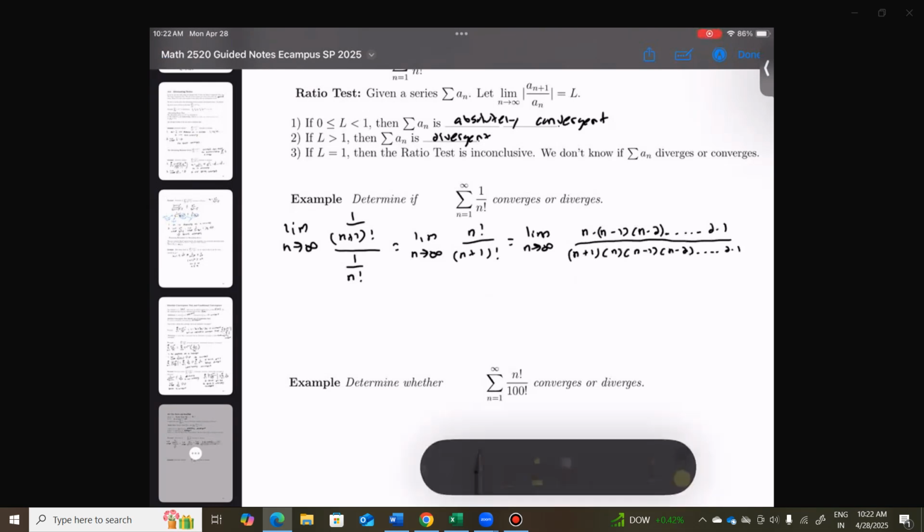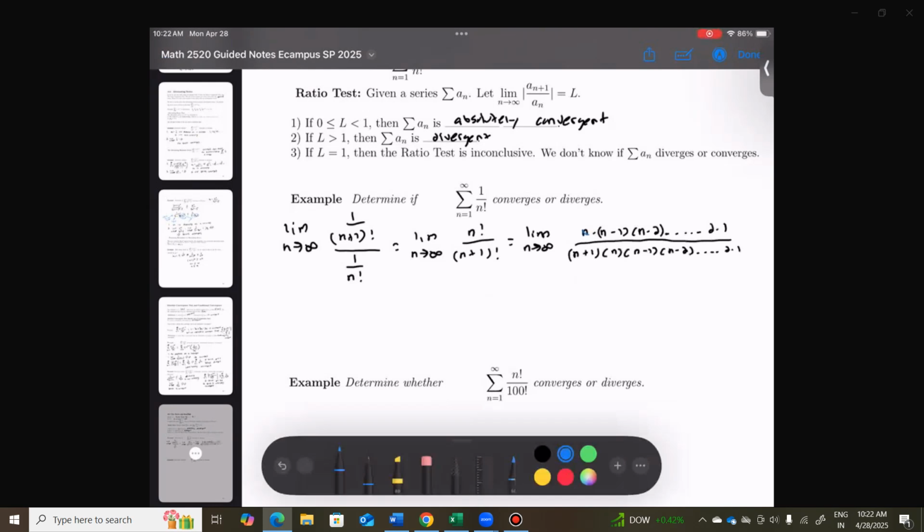So we see that a lot of things cancel all the way down. So what we end up with now is the limit as n goes to infinity of 1 over n plus 1.